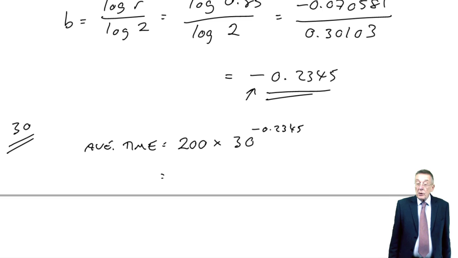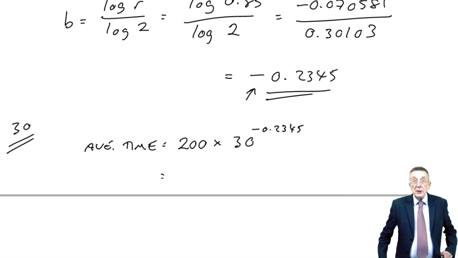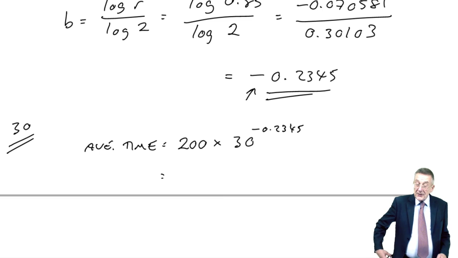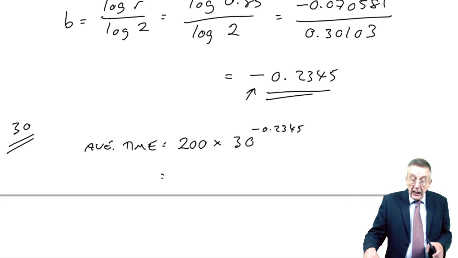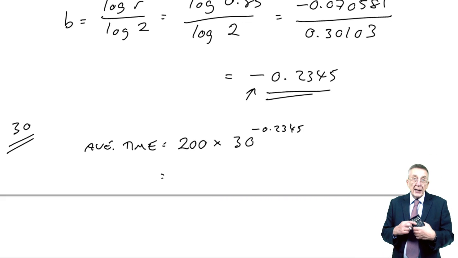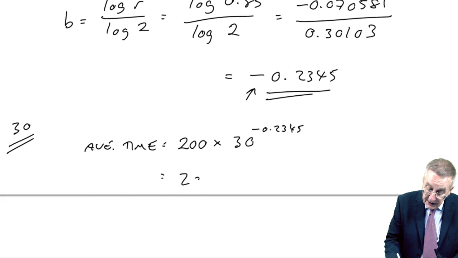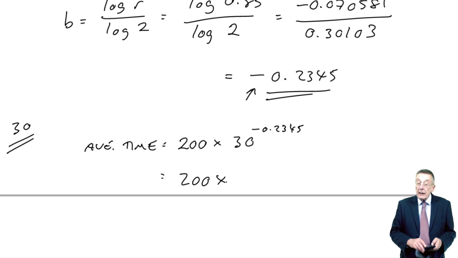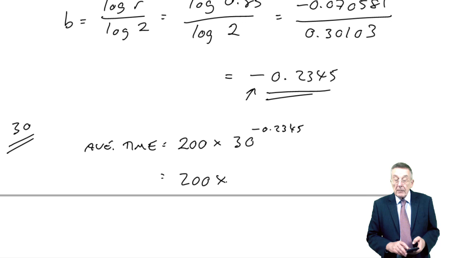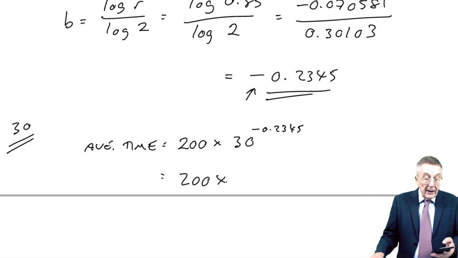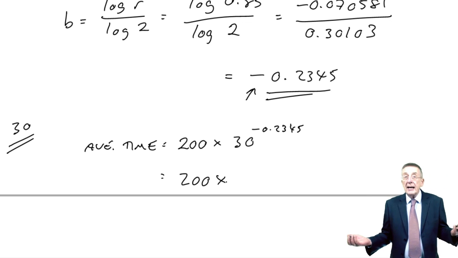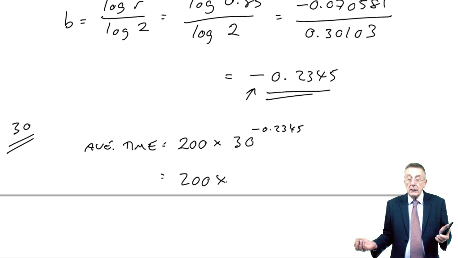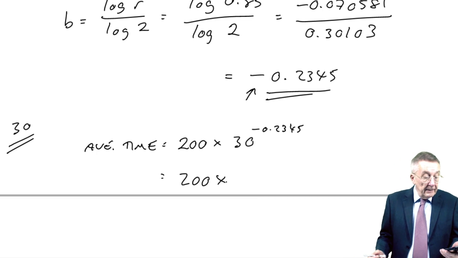Now, this bit of calculator work, you must make sure you can do. If you have problems, you must practice. Again, when you're efficient, do the whole thing on your calculator, but it's the second bit that's the problem. Being able to take 30 to the minus 0.2345. And again, unfortunately, different calculators do it differently. We get the same answer.